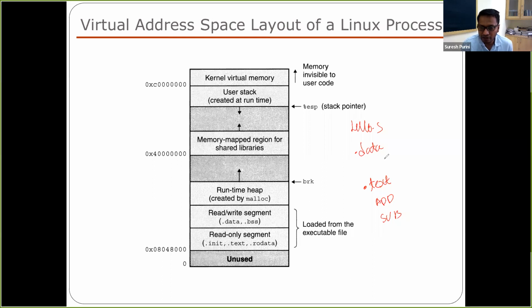Any memory for global variables will be allocated in the data section, but this is all on the hard disk. This is like the recipe. But when you give this for execution, the loader looks at the data section of your executable and appropriately sets up the data section in memory. And it looks at the text section of your executable and appropriately sets up the text section, or instruction segment, of your memory.